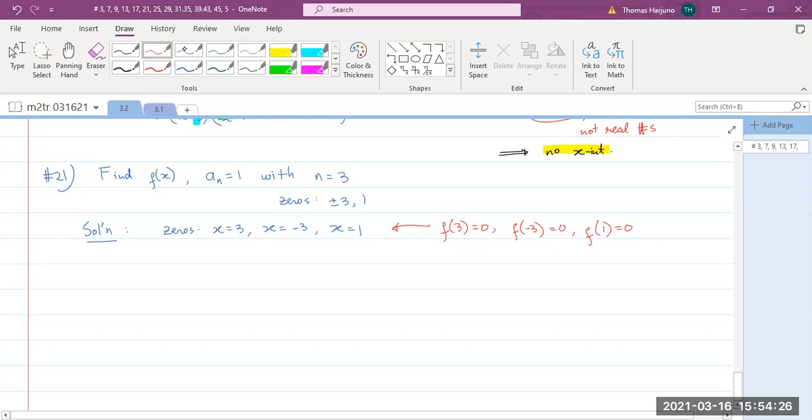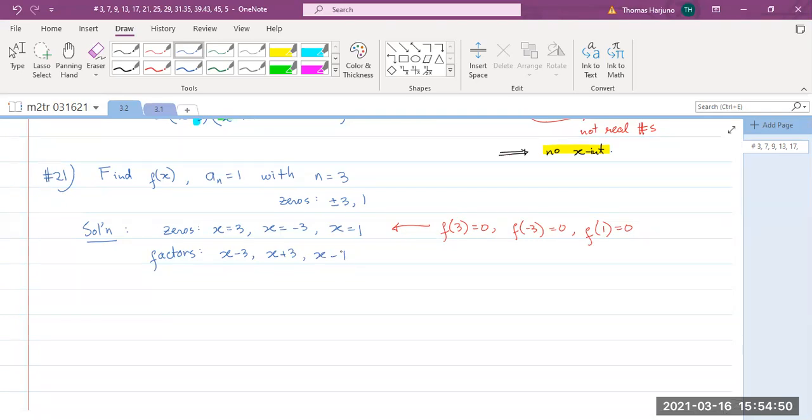Once we get the zeros, then we also get the factors. It means x minus 3 is a factor, x plus 3 is a factor, x minus 1 is a factor. Now it's already degree 3, so it has to be x cubed, right? So f(x) equals the leading coefficient 1 times those factors: x minus 3, x plus 3, x minus 1.